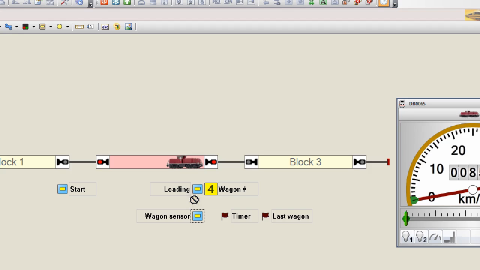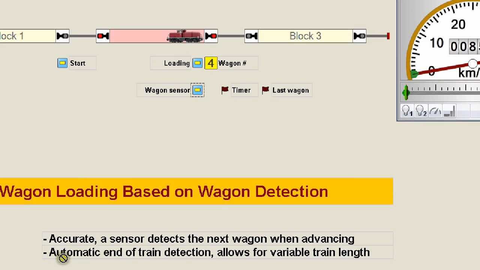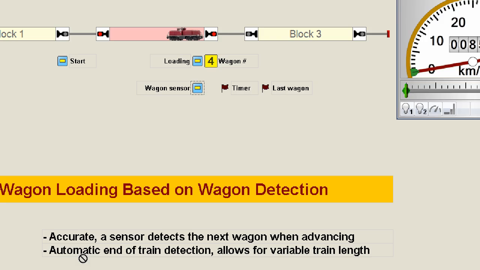This is how it works, and the use of the sensor gives you a little bit more accuracy. And also it automatically detects the end of the train. In the previous video we had trains of a certain length, and if that length would change during your driving sessions, then there's a little trouble, of course.